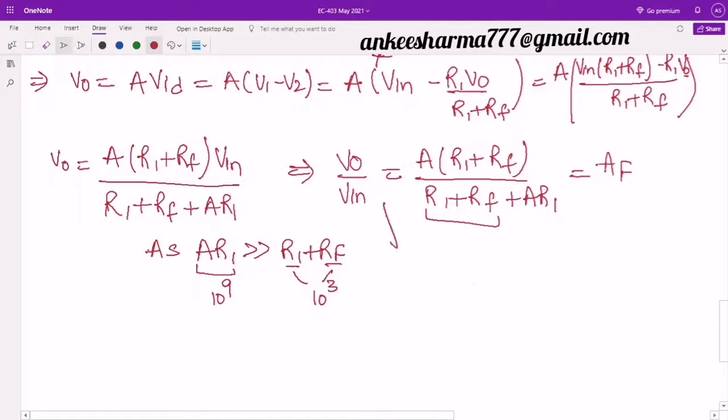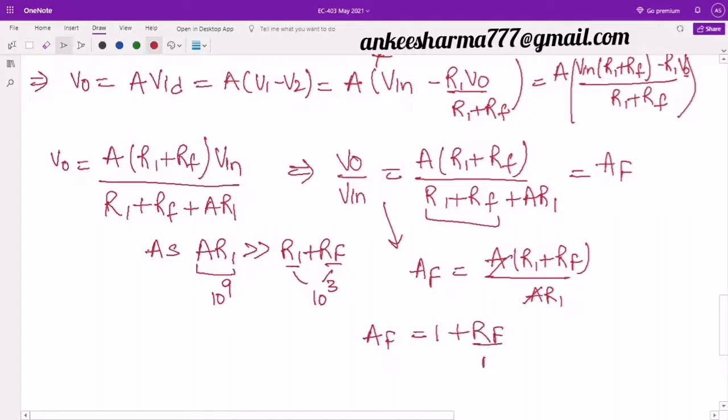So from here, can I say my AF, or the gain with feedback, will be equal to A times R1 plus RF divided by AR1, or simply A will be cancelled out. You can say AF is equal to, if I divide with R1, 1 plus RF by R1.